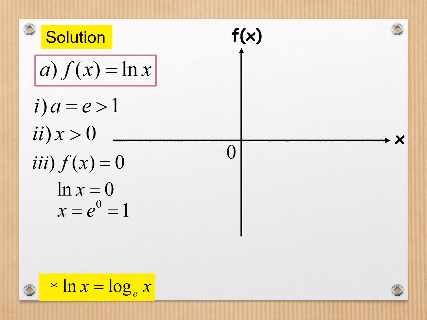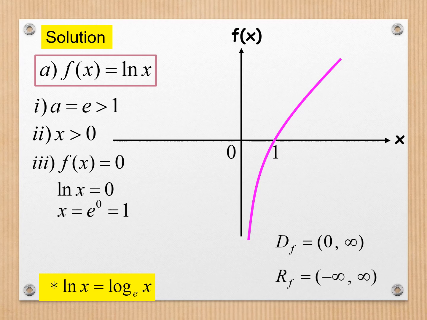And the domain here is on the right side, x more than 0. And since the base is more than 1, it is moving up. So the graph should be like this. The domain is 0 to infinity, and the range is negative infinity to infinity. For a logarithm, the range is always negative infinity to infinity.